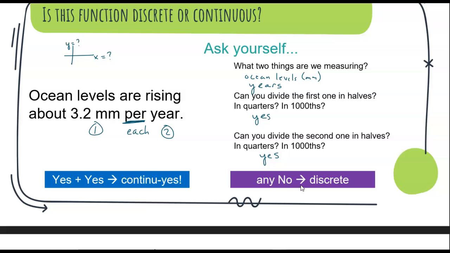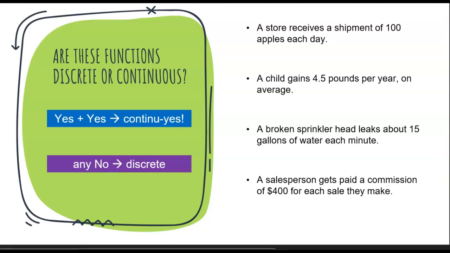Let's look at some examples of this. Are these functions discrete or continuous? A store receives a shipment of 100 apples each day. There's our each word. So 100 apples is going to be our first one, and days is going to be our second one. So apples and days. And then we ask, does it make sense to divide an apple in half? Can you ship half an apple and deliver it to a grocery store and have it make sense?